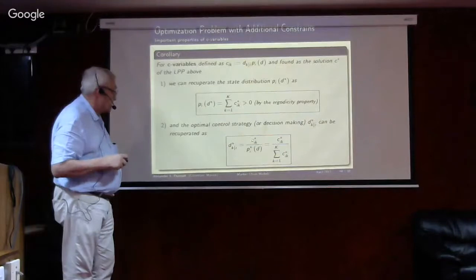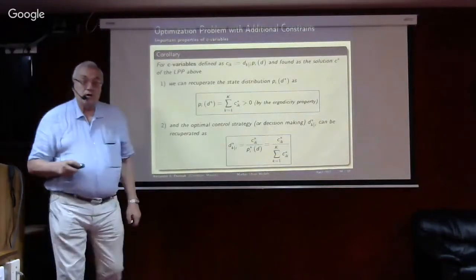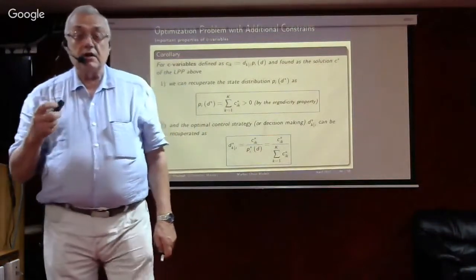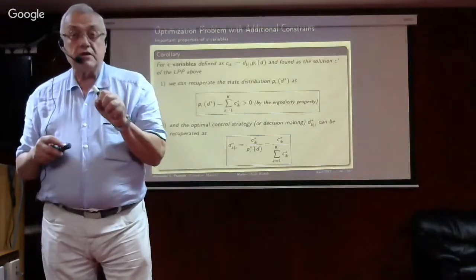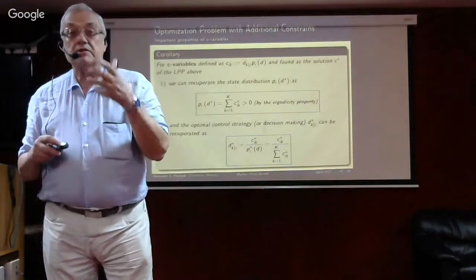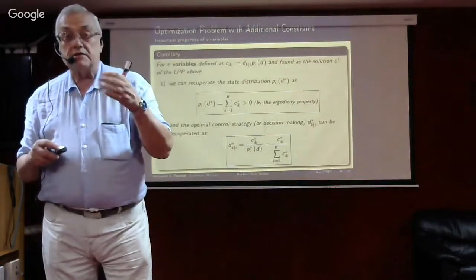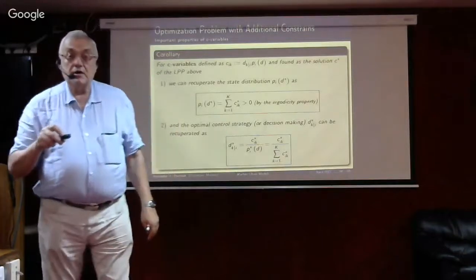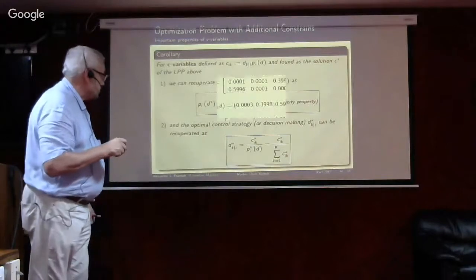It is C divided by P. So my initial problem, which was non-linear, by introducing new joint variables C, we can represent as a linear programming problem. After finding the solution, using the formula, we can recover our strategy D and the final distribution. This is the idea.